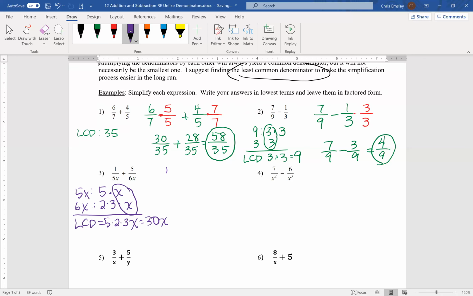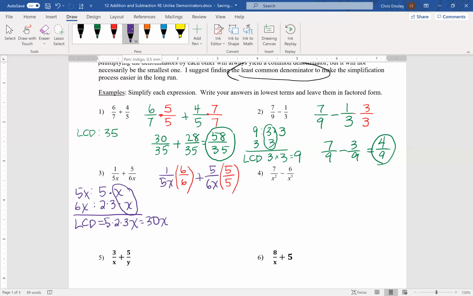Okay, so we are starting with 1 over 5x. We want to turn that into 30x, so we have to multiply by 6 over 6. For our second fraction, we are starting with 5 over 6x. We want that to be 30x in the denominator also, so that one has to be multiplied by 5 over 5. Remember, multiplying fractions, we just multiply the tops and multiply the bottoms.